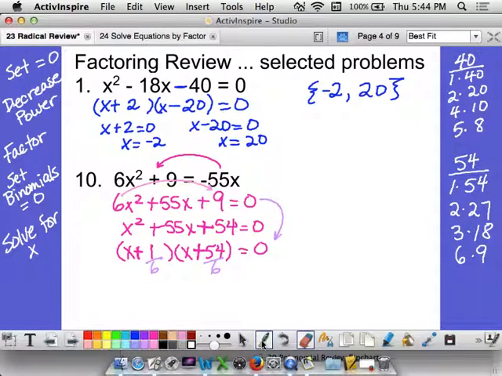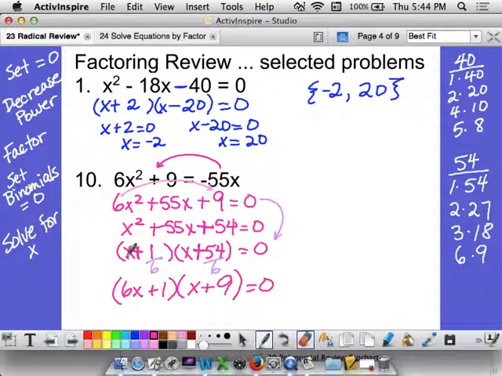Because it does not reduce, I'm going to bottoms up. This 6 comes from the bottom up and becomes 6x plus 1. Then x plus 54 divided by 6, which is 9, equals 0. So this should be my answer, but always, always reduce your fraction before you bottoms up. Here's my bottoms up. The 6 comes from the bottom up.